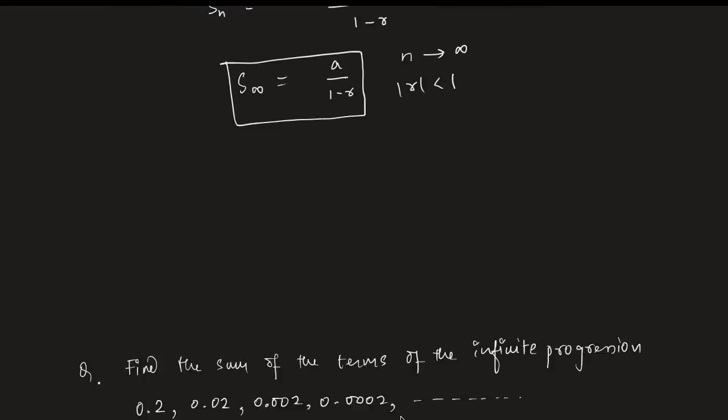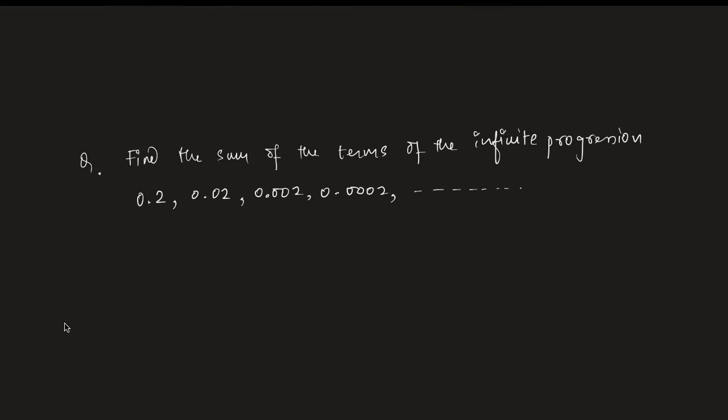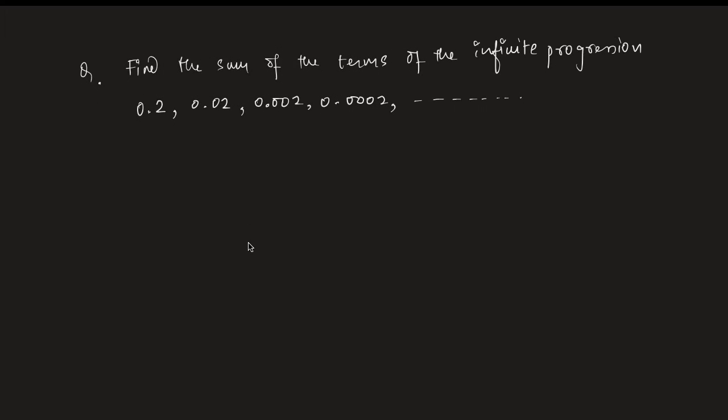Okay. Now let's apply this formula over here. Find the sum of terms of the infinite progression. This is my first term, a is 0.2.